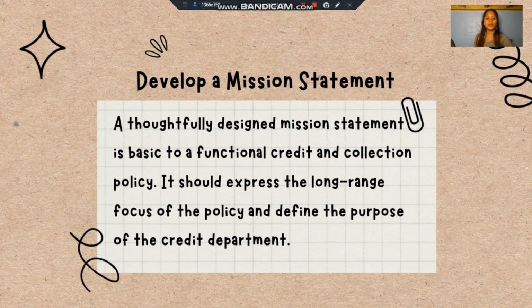The concept that the credit department will use to handle the credit processes may also be included in the mission statement, because offering a basic framework for handling risk and collections, it should represent the general course of the company as a whole, and whether it is liberal, moderate, or maybe a conservative one.